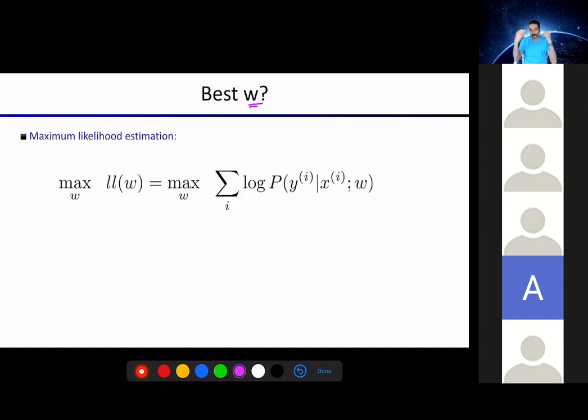This is the way you could get such a best weight. You want to maximize the likelihood of the conditional probability of the class label given the example. These weights are learned, and we want to learn them in a way that finds the weights that maximize this likelihood. This is the output of the learning, and this is how you formulate it.